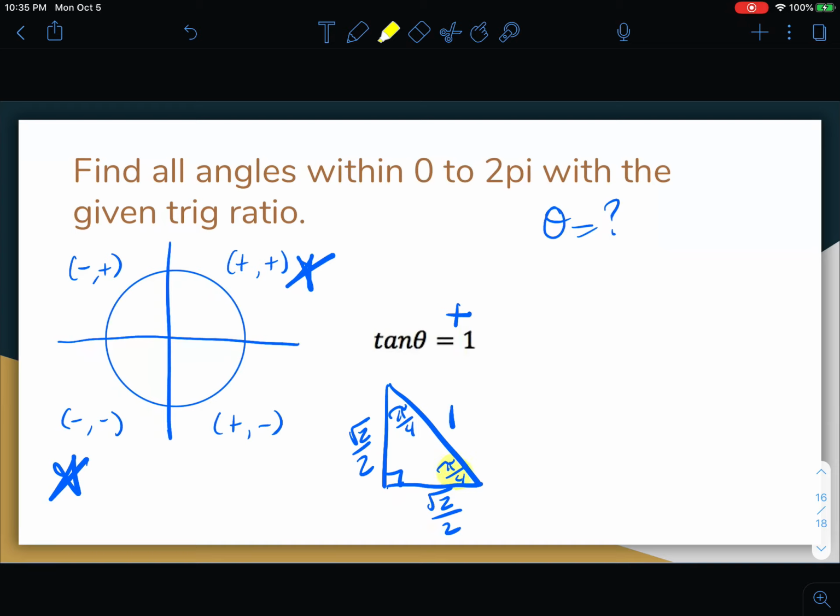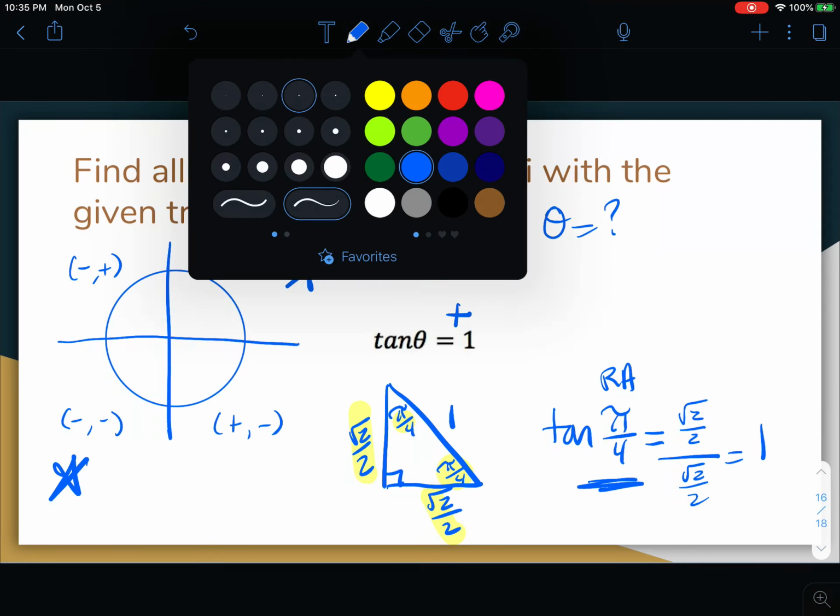If this is the angle I'm looking at, this would be opposite over adjacent, and it doesn't matter which of the angles you look at. If you look at this other one, it would be the same thing. So tangent of pi over 4 is radical 2 over 2 divided by radical 2 over 2, which is just 1. This is my reference angle.